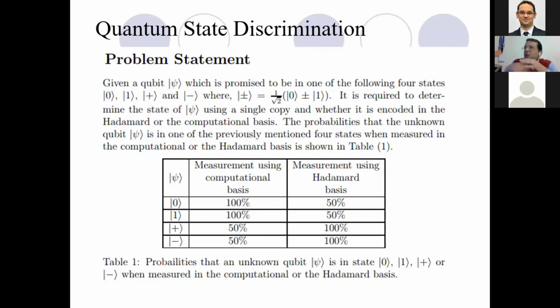Quantum state discrimination is very important in quantum key distribution, for example BB84, which depends on the fact that we cannot discriminate between 0, 1 as a computational basis and plus, minus in the Hadamard basis.